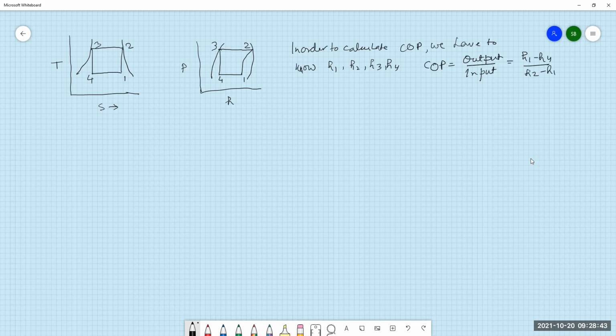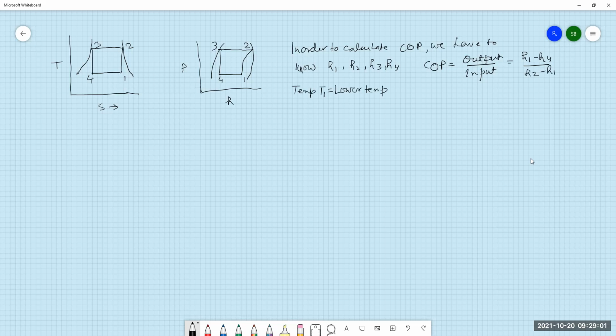Now, what is given in the problem is the lower temperature T1.